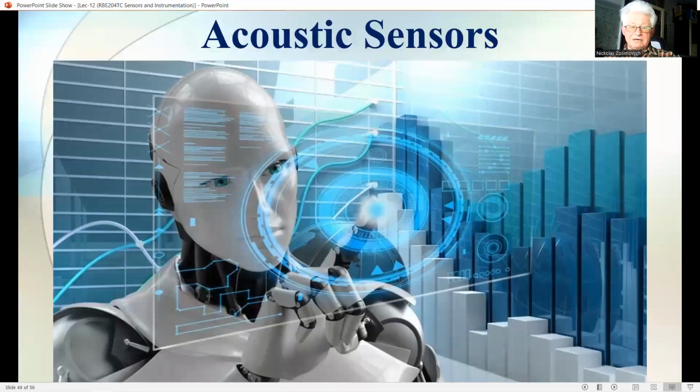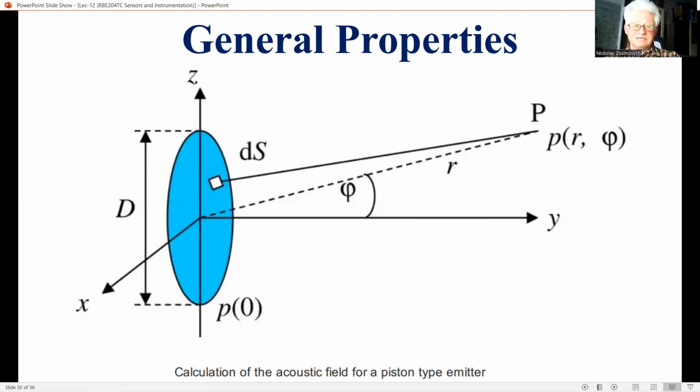And now we're coming to the next part of our lecture course, called acoustic sensors. Commonly used acoustic sensors belong to one of the following types: piezoelectric, electrostatic, electromagnetic, and magnetostrictive.